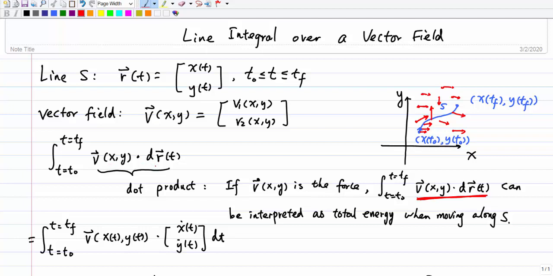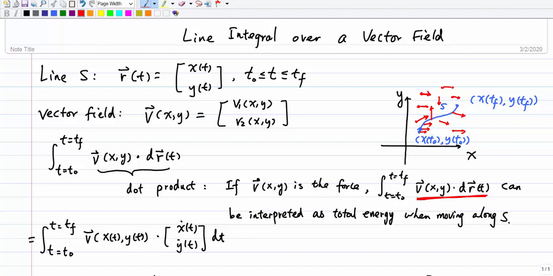Okay. Now, how do we interpret the physical meaning of the line integral over a vector field? One example is to consider this v as a field that defines the force at any point. For example, if we use v(x,y) to represent the force applied to any point in the field, the force also defines two things, direction and magnitude.